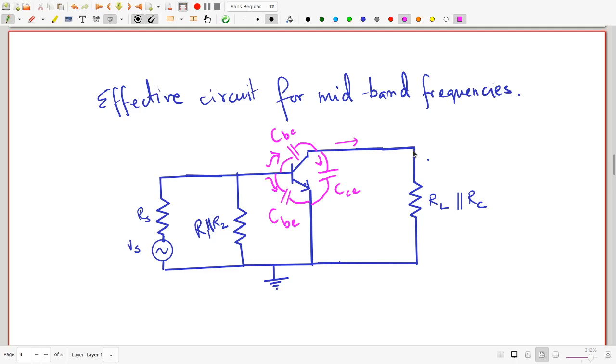Now, even at reasonably high frequencies, the impedance of these capacitors is actually very, very high, for the simple reason that these capacitors are really tiny, as opposed to, say, microfarad order capacitors, or hundreds of microfarads or even millifarads order capacitors which you will connect as CB1, CB2 and CE.